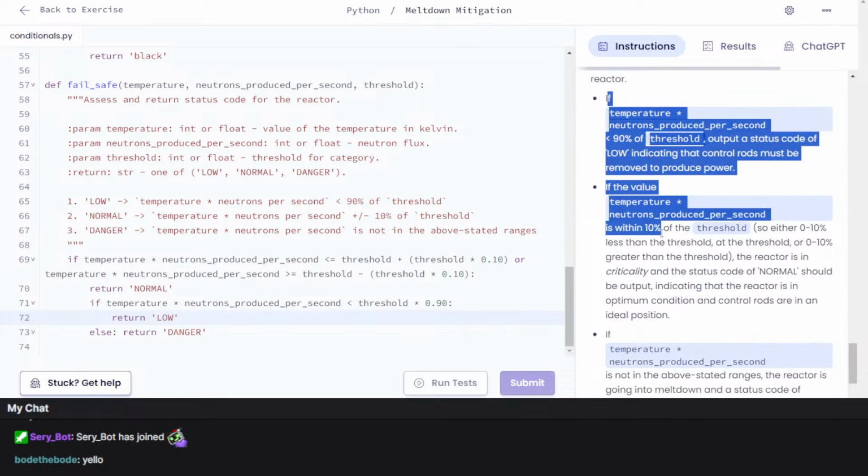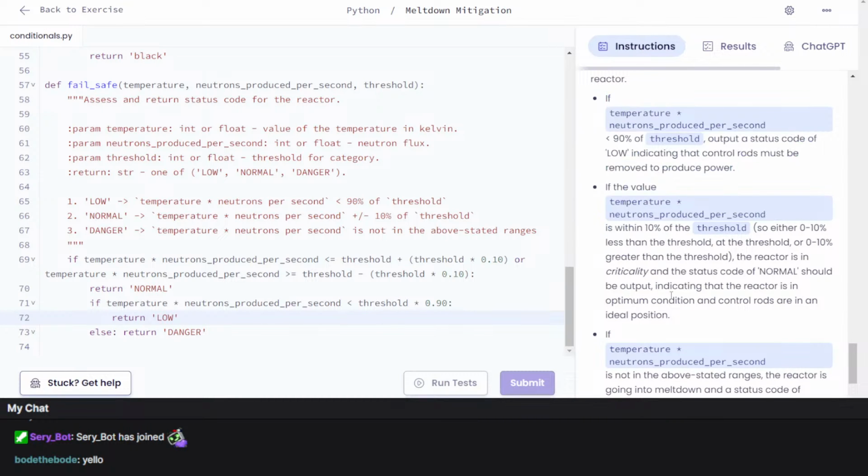For one, these two if statements, I don't really think the order matters for these two. Wait a second. Maybe this needs to move out.